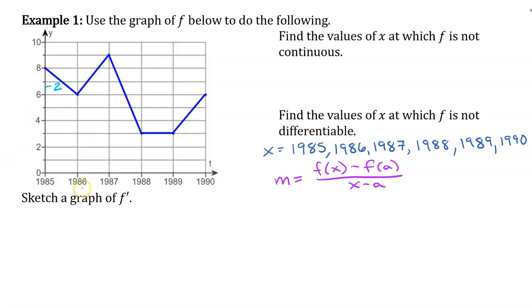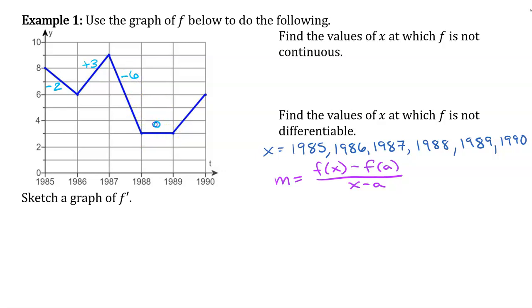From 86 to 87, I'm going from 6 to 9, so that's a +3. From 87 to 88, we're going down again, that's 9 to 3, so that's a -6.